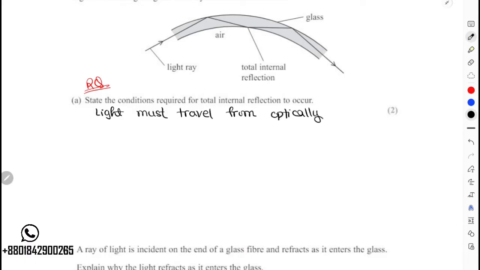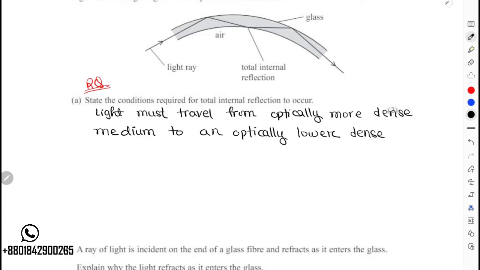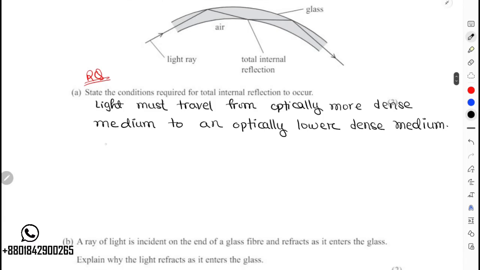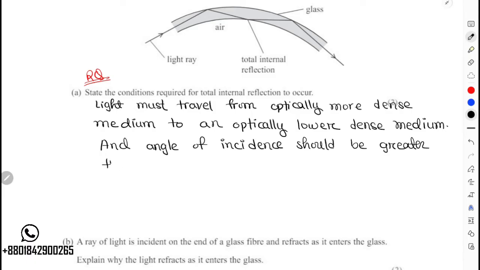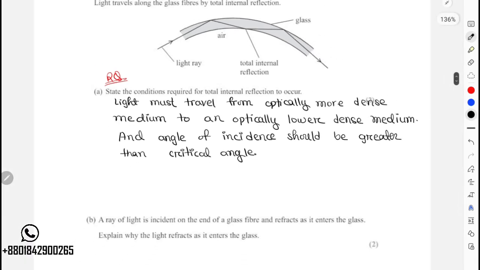Light must travel from optically more dense medium to an optically less dense medium, and the angle of incidence should be greater than critical angle. Okay, this is the final answer.